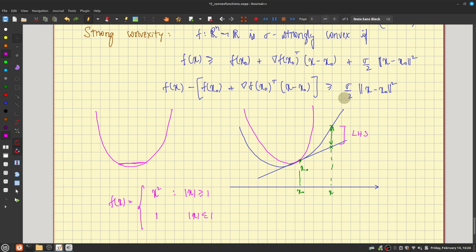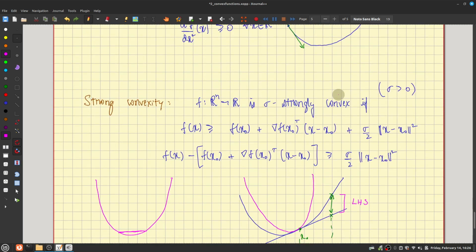Convex implies strong convex? No, not necessarily. For it to be strongly convex, this sigma is something that doesn't depend on x or x naught. On the other hand, strict convexity just implies that this left hand side is strictly greater than 0. So at some point sigma may be arbitrarily close to 0.